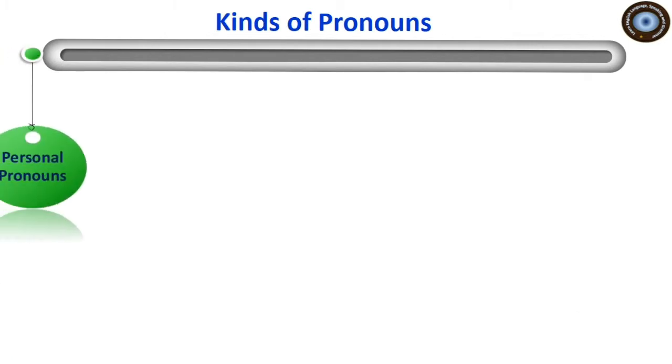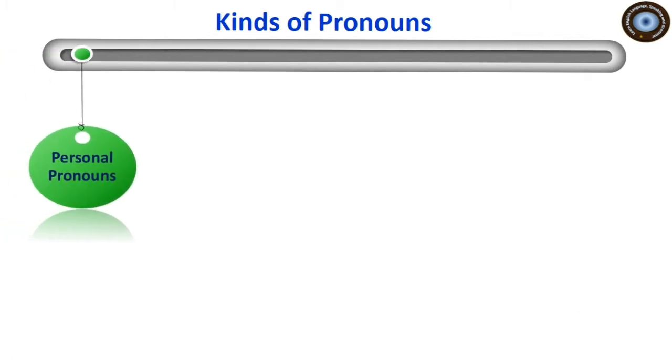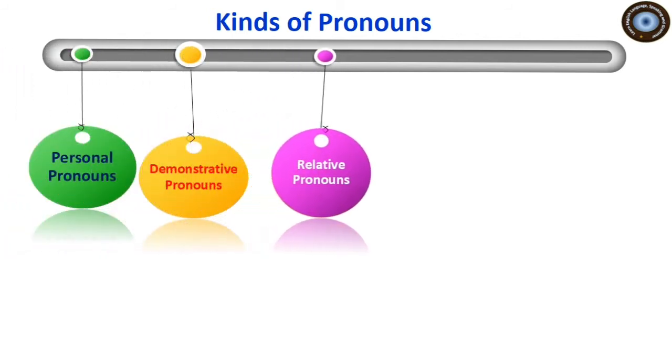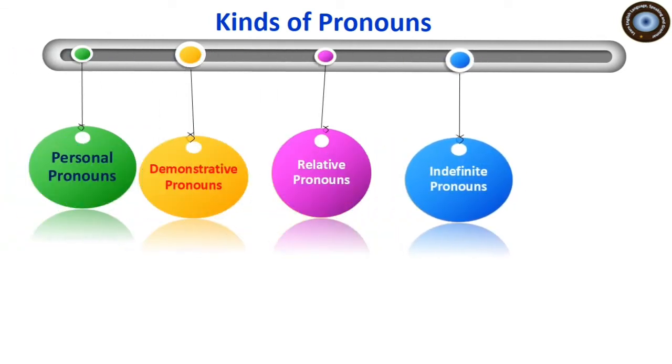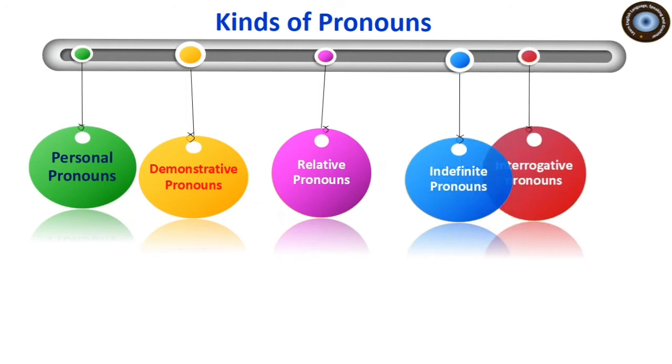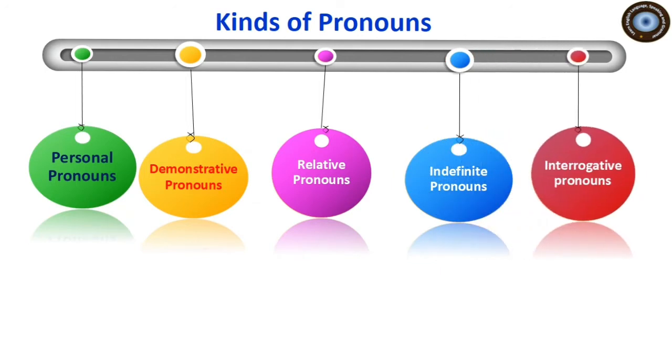The first kind is personal pronouns. Then we have demonstrative pronouns, relative pronouns, indefinite pronouns, interrogative pronouns, and other kinds are also there that we'll discuss later on.